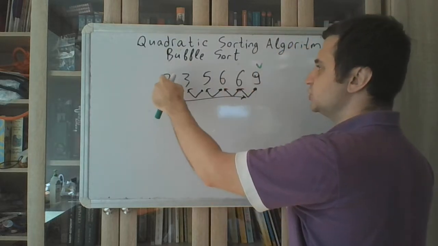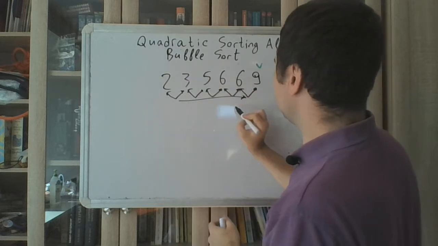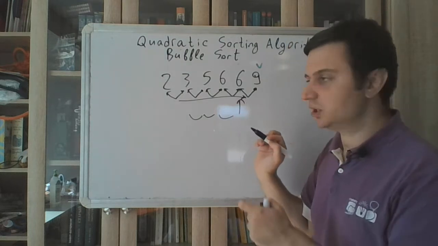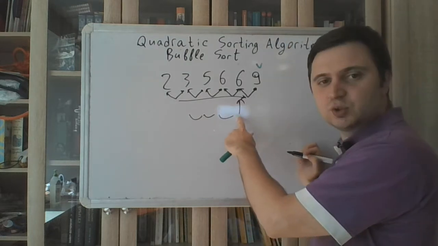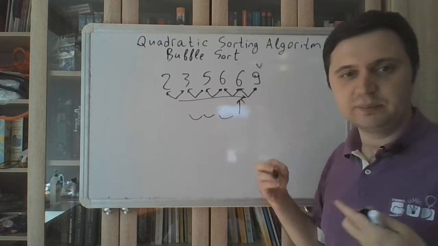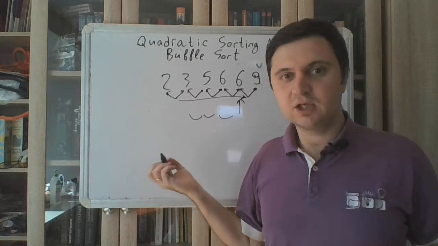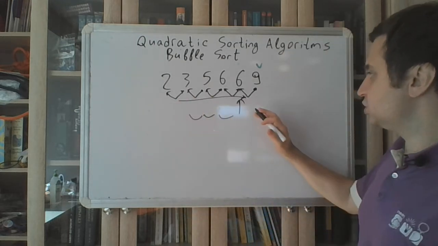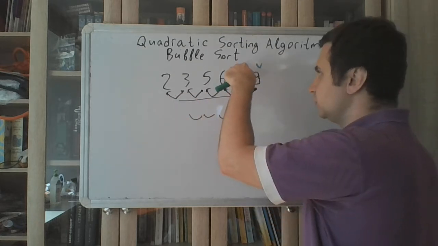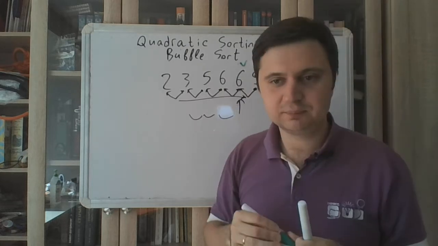The next to maximum element in general case will definitely come to this position, so it will swap and swap and swap into this position, and this next to maximum element will be compared with the maximum element. Their order will be already correct, and you will not swap them. So the long procedure of the next for loop will also put the next to maximum element into its correct position.